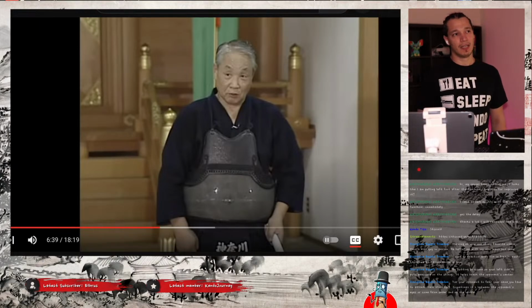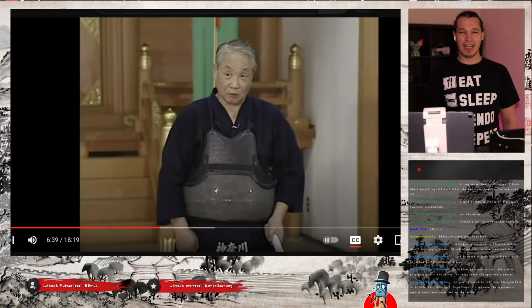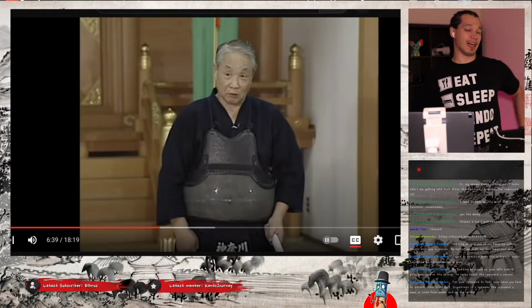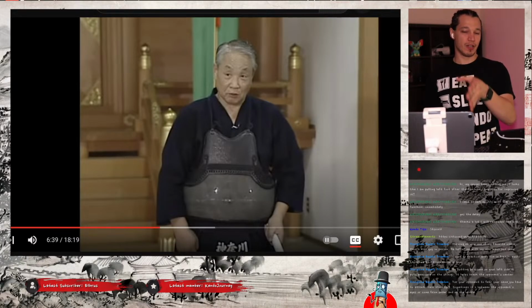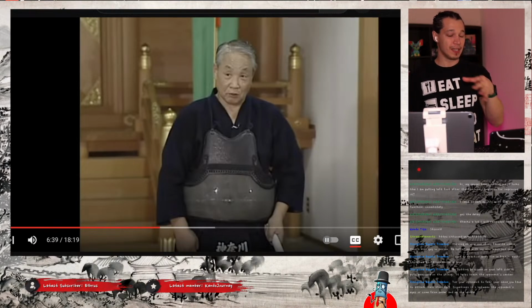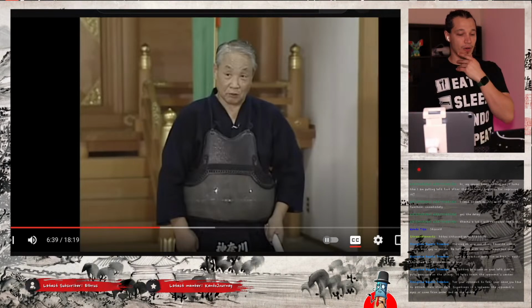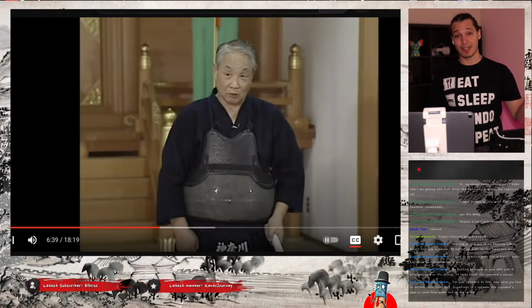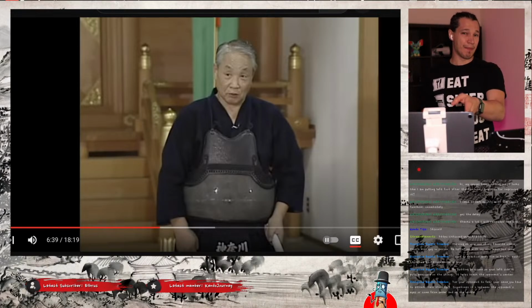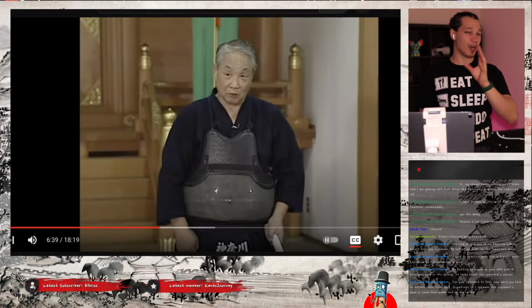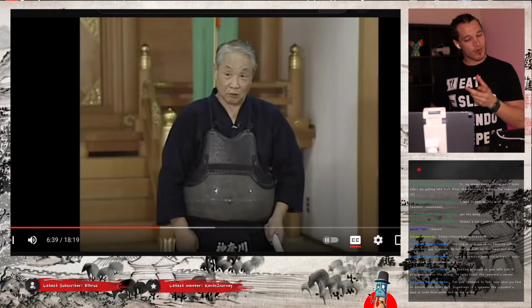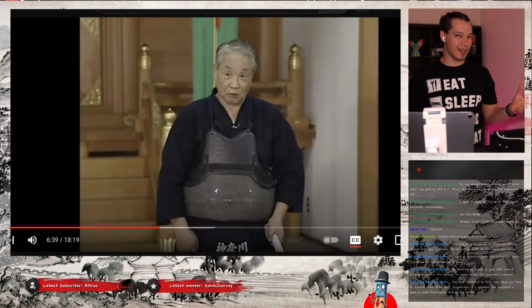I don't know. A lot of the times, if you're the person receiving this, and you're focusing too much on the shinai, you kind of miss what's happening in front. So in my experience, experienced players are not paying so much attention to what's happening down at the shinai, but they're actually paying more attention to you, and when you're coming in and when you're actually becoming a threat. So I don't quite agree with that, because I think you're going to be thinking about so many things that an experienced player can overcome easily.